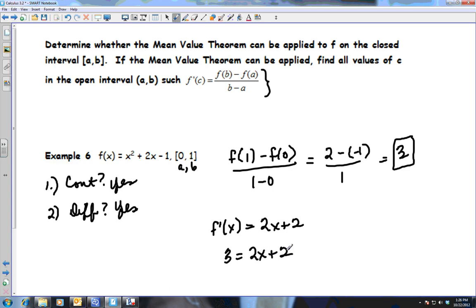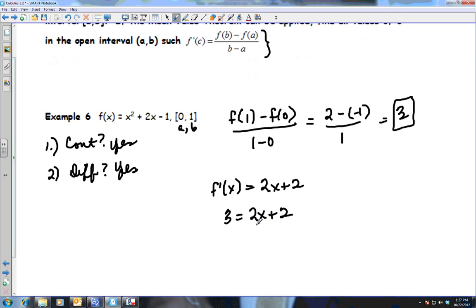And now I'm going to solve. I'm going to subtract 2 from both sides and get 1 equals 2x. Divide by 2, x equals 1/2. So that means that at x equals 1/2, the slope of that tangent line is going to be 3.